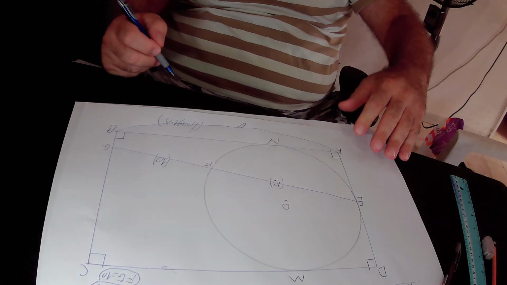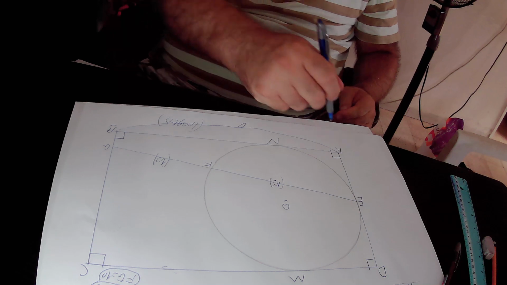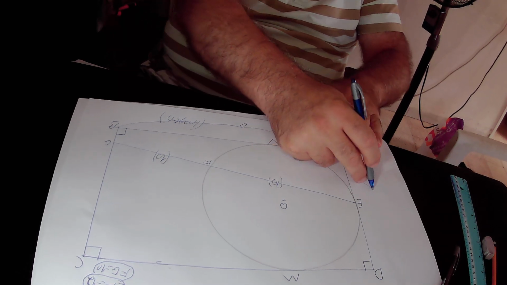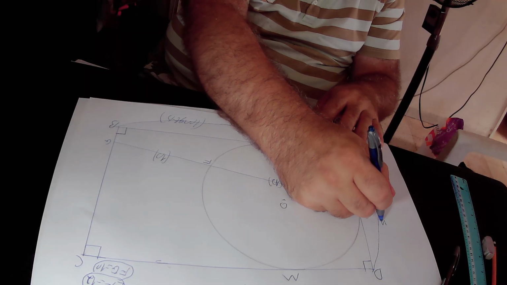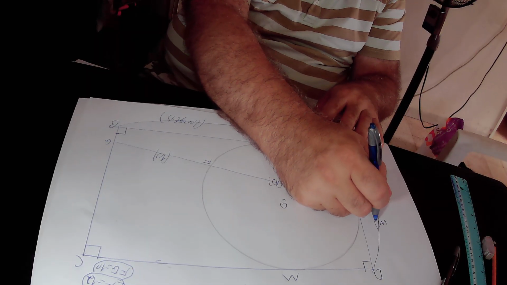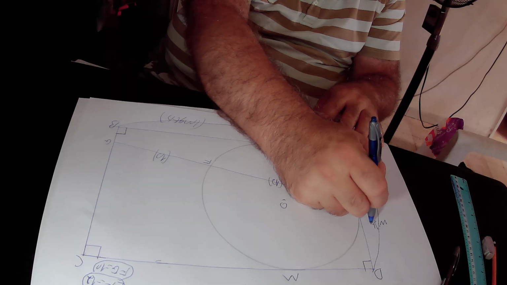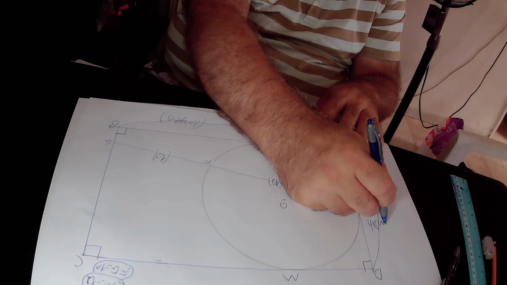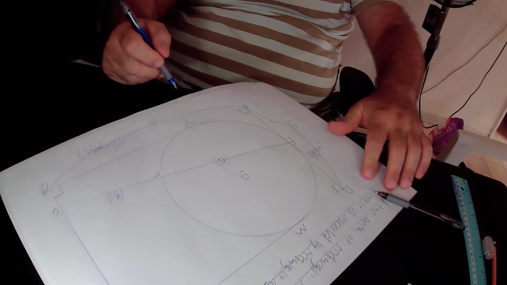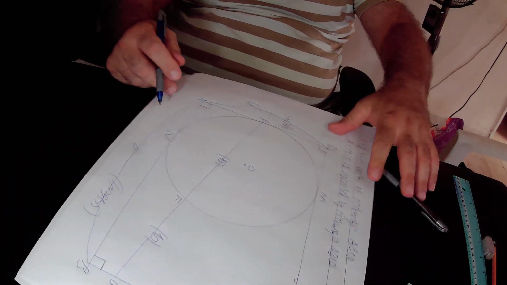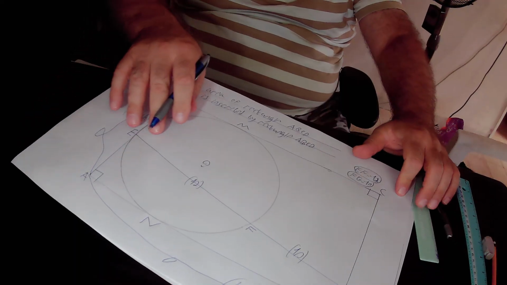And the width will be DA. We know that the area of a rectangle equals the length of the rectangle times the width. We will also define the radius of this circle as R.